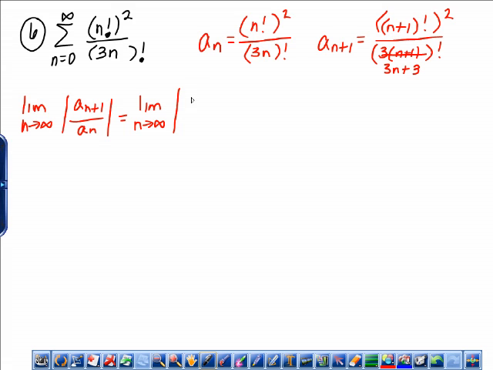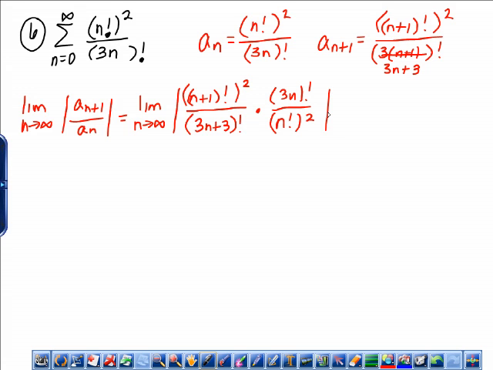Okay, so this is going to become n plus 1 factorial squared over 3n plus 3 factorial times the reciprocal, 3n factorial over n factorial squared. Okay, so we've set it up. Now we just have to solve it.